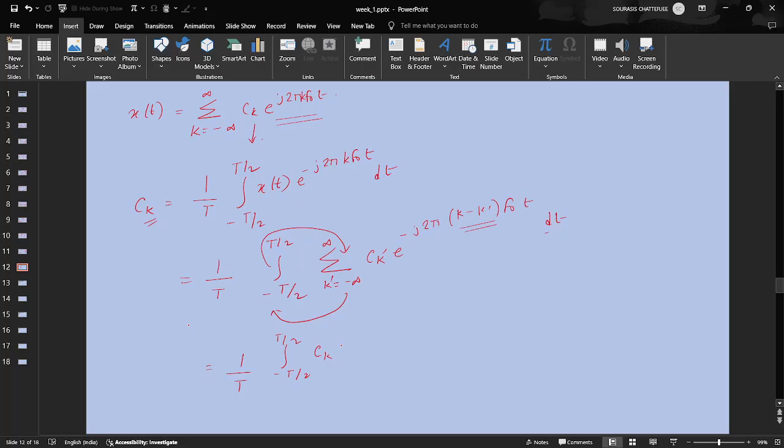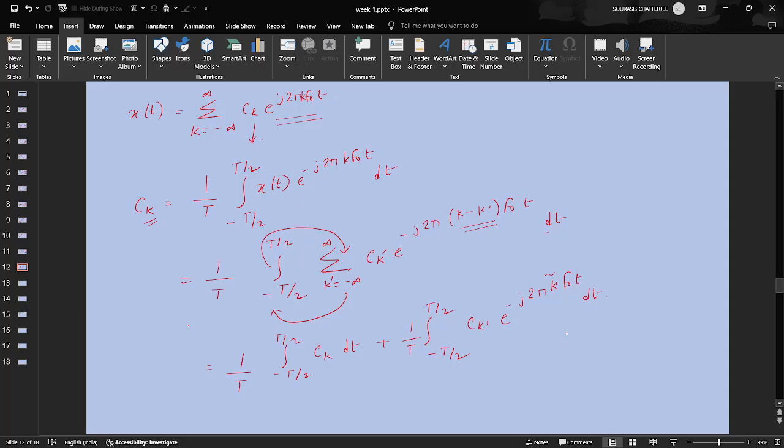Then we are left with ck dt, plus 1 over T integral from minus T by 2 to T by 2 of ck dash e to the power minus j 2 pi k tilde f naught t dt, where k minus k dash is non-zero, denoted by k tilde. So this is a complex sinusoid with frequency k tilde f naught, and we are integrating it over one period. So what we will end up getting is 0.